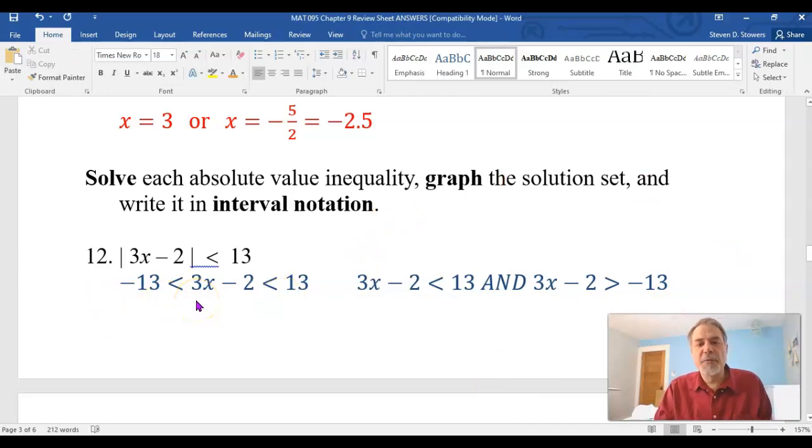It's just another way of writing it. If this makes more sense to you, it's perfectly correct to set it up that way. I think it's easier just to put it all in one three-sided inequality like this. But this does mean that 3x minus 2 has to be both on the small side of 13 and on the big side of negative 13. It has to be between those.